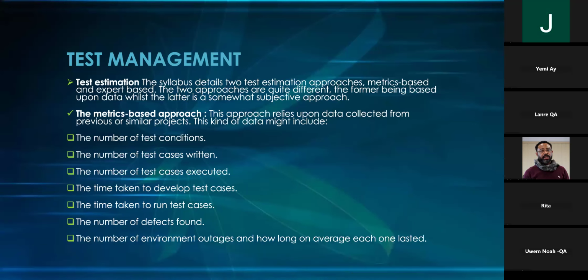The number of environment outages and how long on average each one lasted. All these are things that we talk about when it comes to test management, the metrics-based approach. These breakdowns are what we do for metric-based. Metrics are just data.